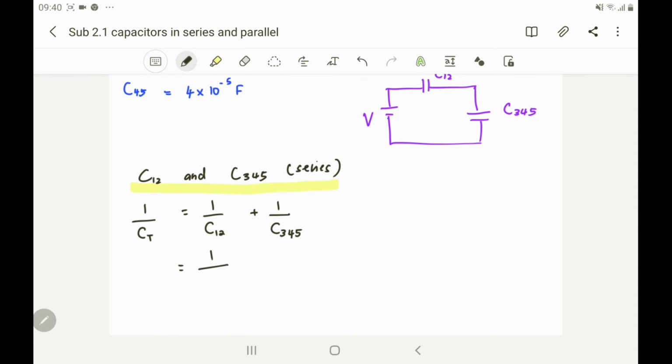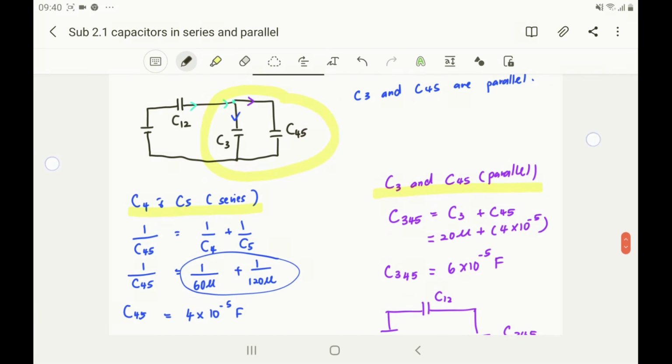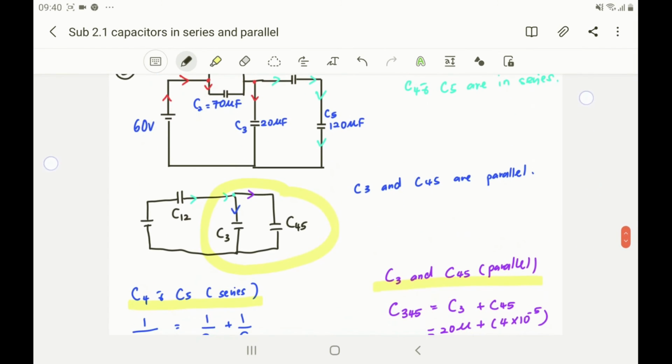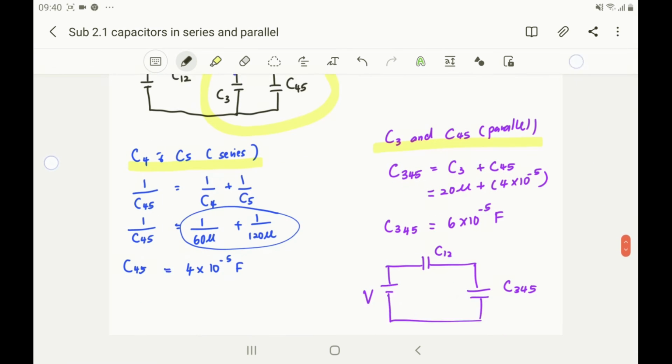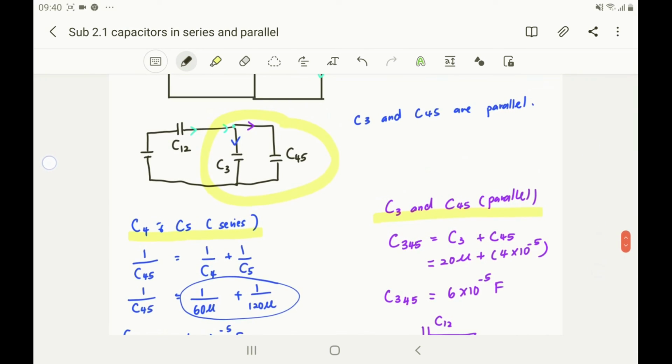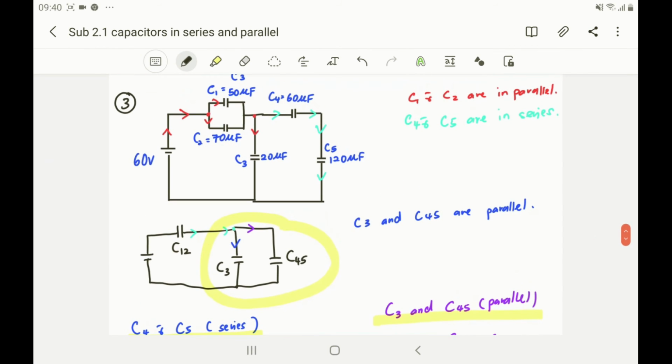Now we can substitute. Did we calculate C12 just now? Oh, we didn't calculate it, so we can calculate it here. Because they are parallel, C1 and C2 are parallel, so C12 is equal to C1 plus C2, which is 70 microfarad plus 50, equal to 120 microfarad.